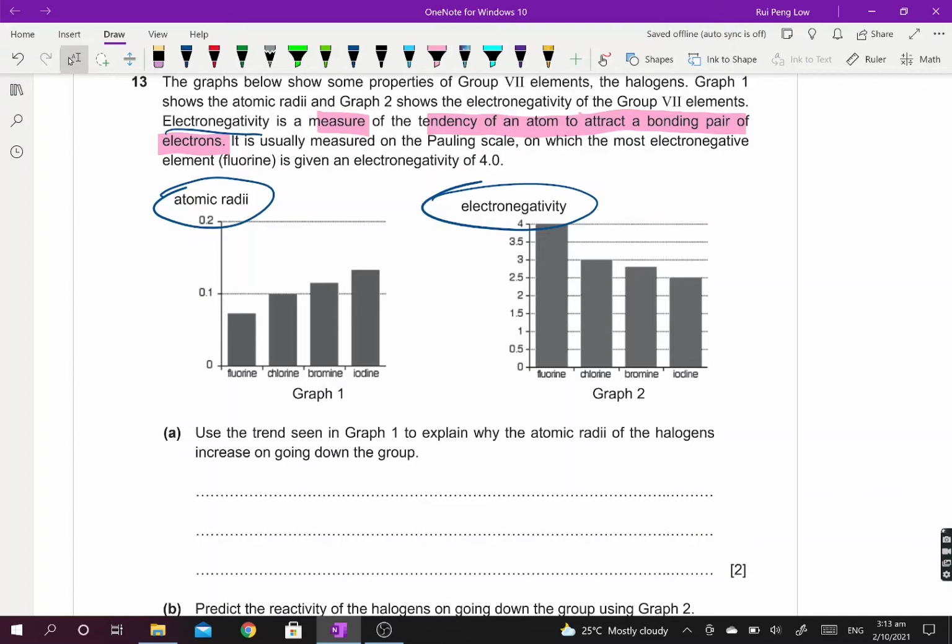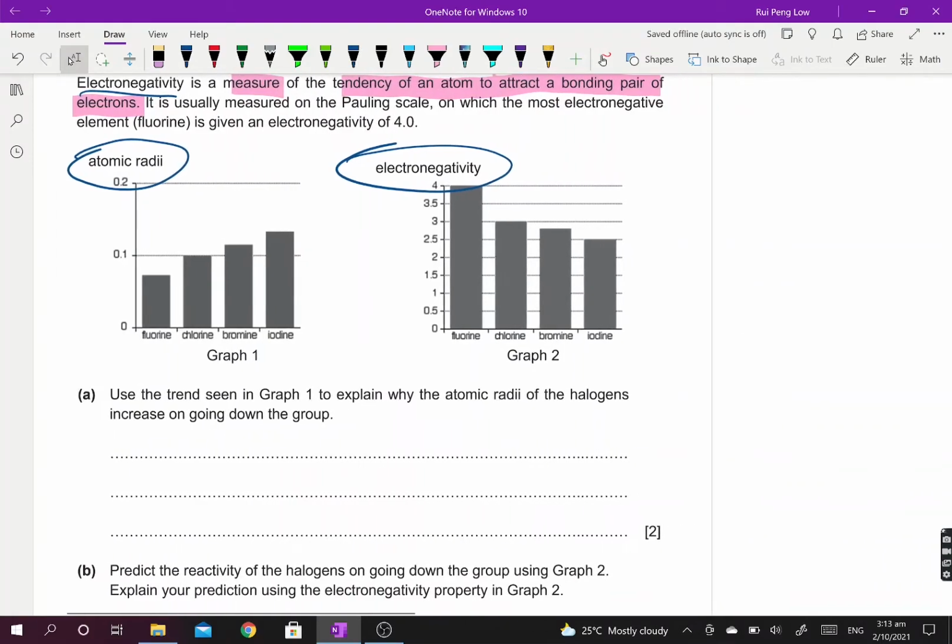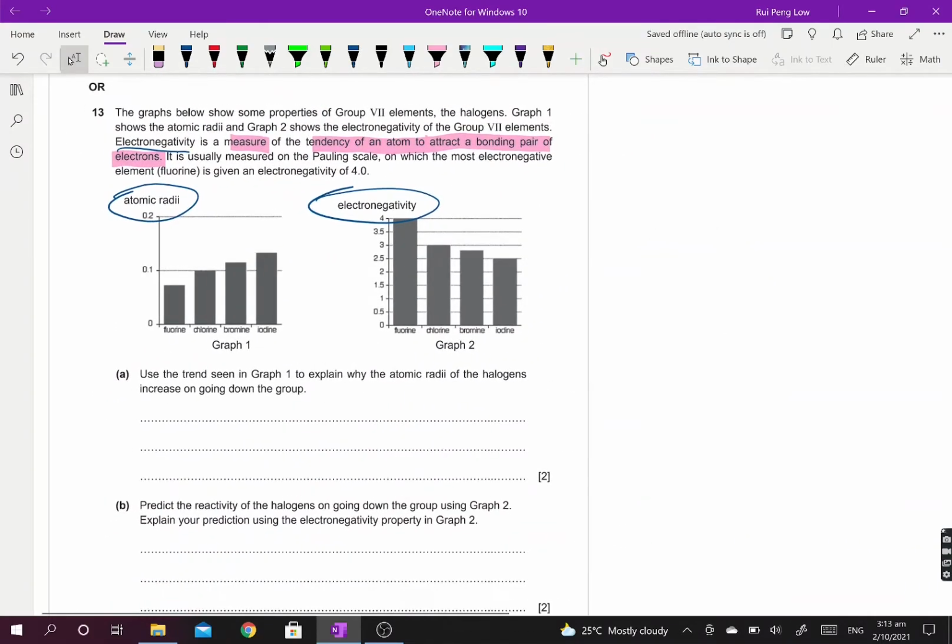Use the trend in graph 1, explain why atomic radii of halogens increases on going down the group. So now what do you remember about going down the group? For fluorine, how many shells?